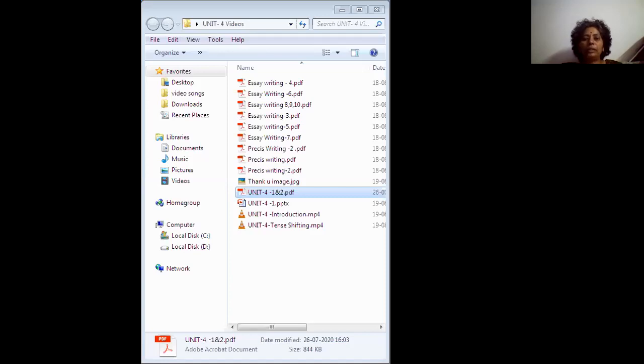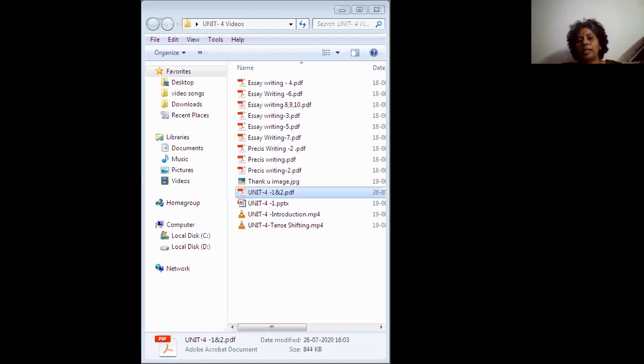And once again here I would like to share with you a few points from the previous session. In brief, you need to learn all this. In our discussion, we had a talk on parts of essay writing.